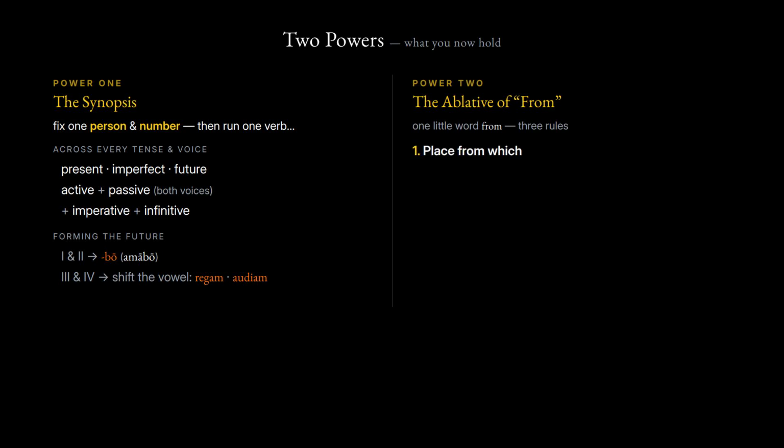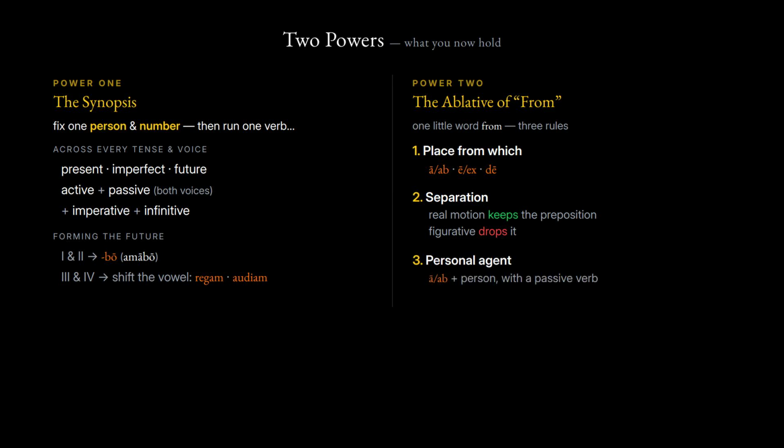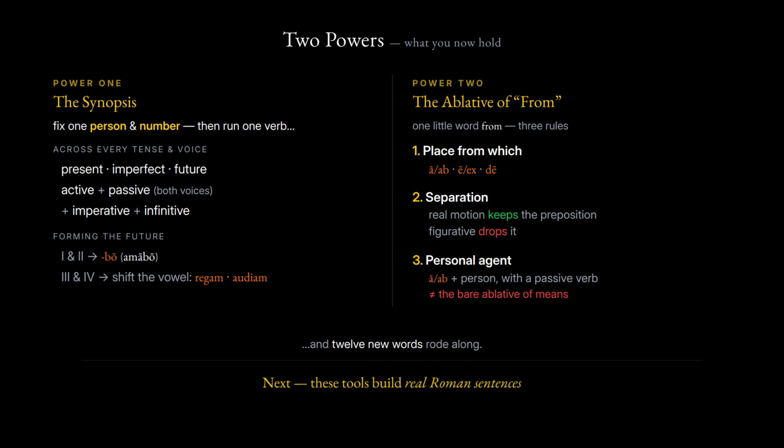The place from which, with its three prepositions, separation, where real motion keeps the preposition, but figurative separation drops it, and the personal agent, the by a person that every passive verb takes, never to be mistaken for the bare ablative of means. Twelve new words rolled along. Next lesson, these tools start building real Roman sentences.